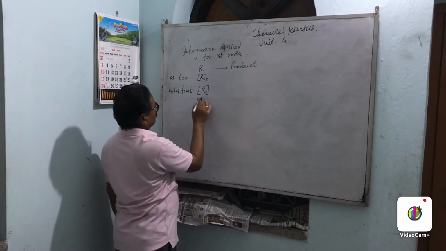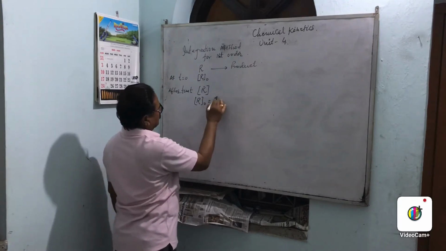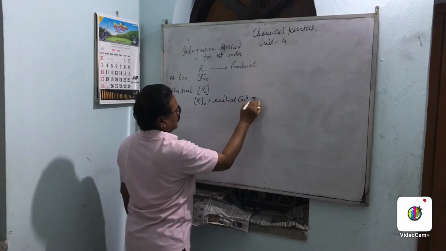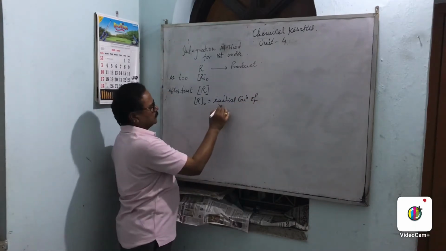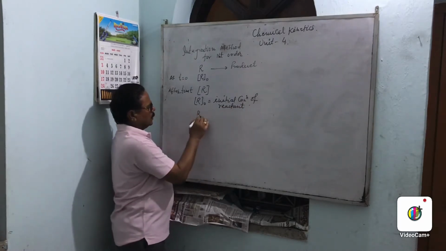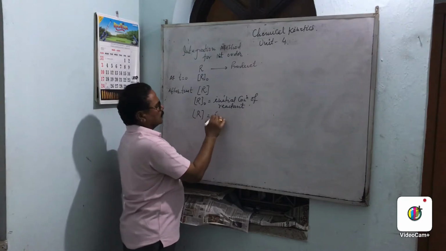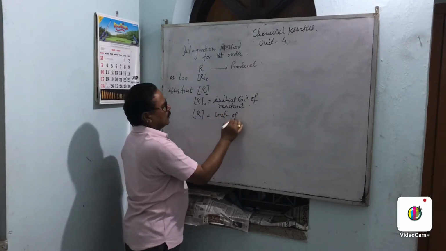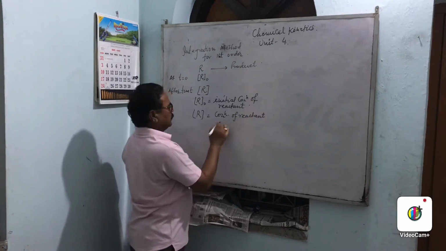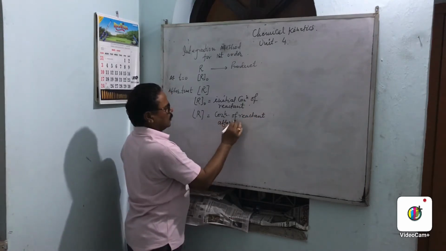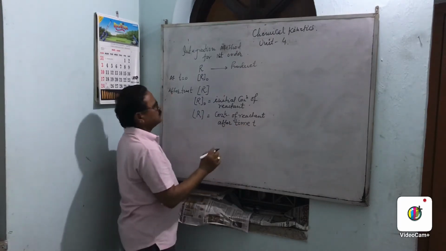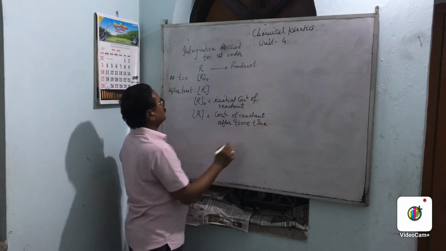So R naught is the initial concentration of reactant, and R is the concentration of reactant after time t seconds.